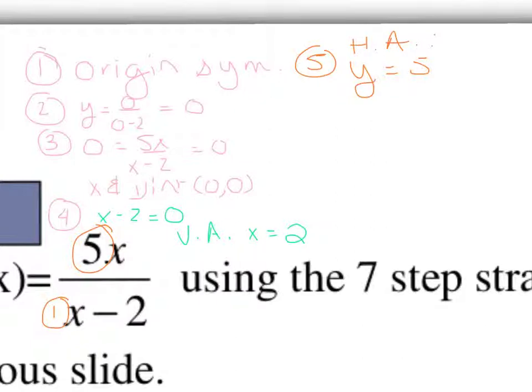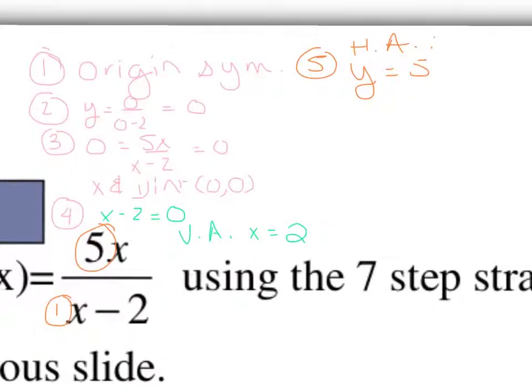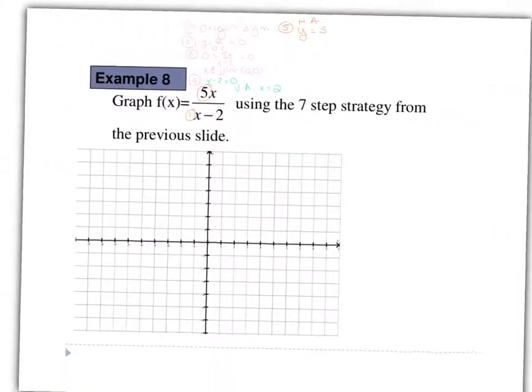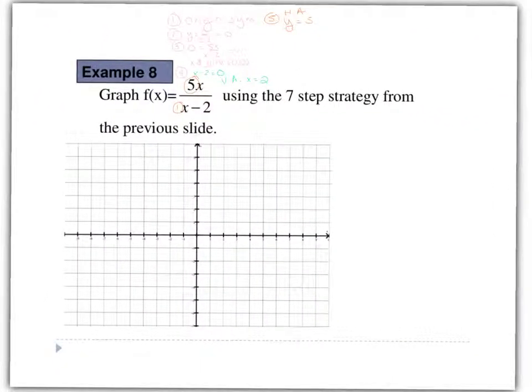Okay. I personally like to start graphing at this point and then determine my other points with respect to what I have here. So let's start graphing what we have. I have a vertical asymptote at 2, a horizontal asymptote at 5. So let's graph that. At 2, I'm going to create a straight line.